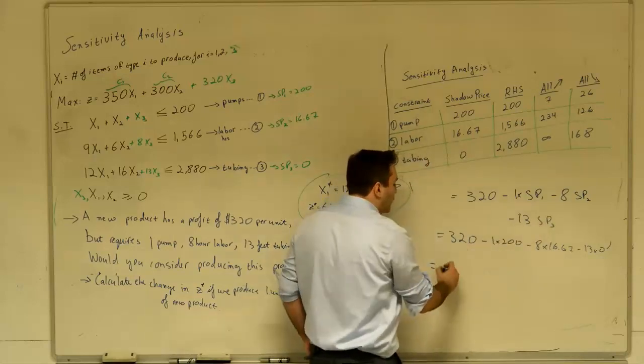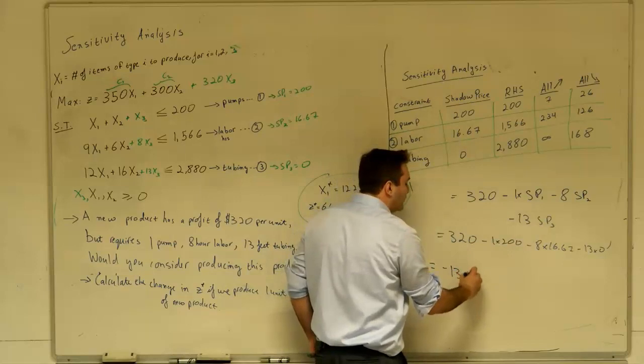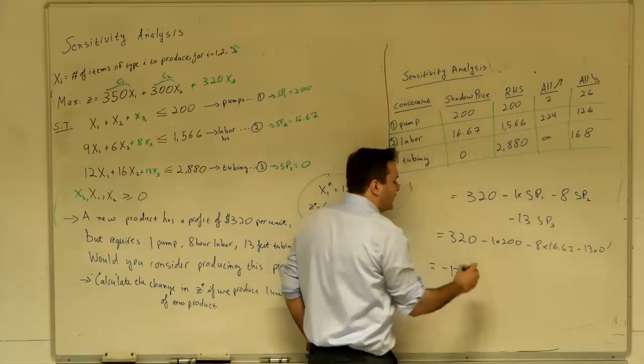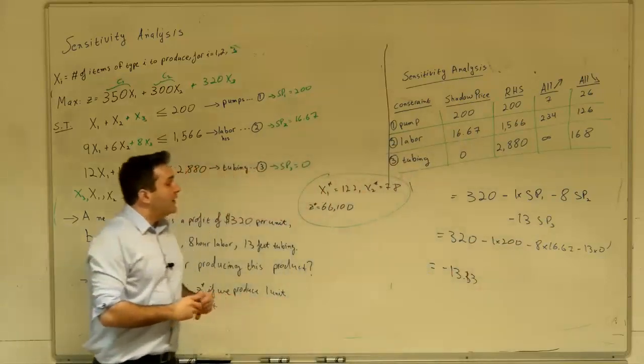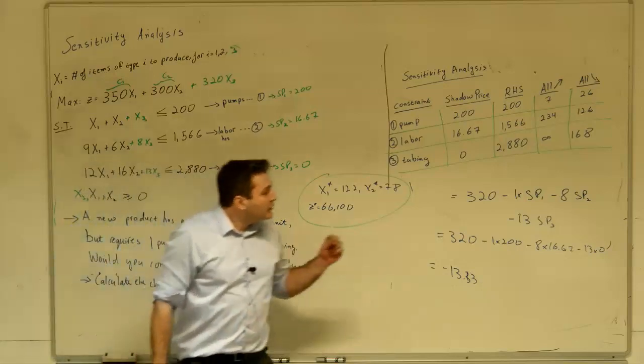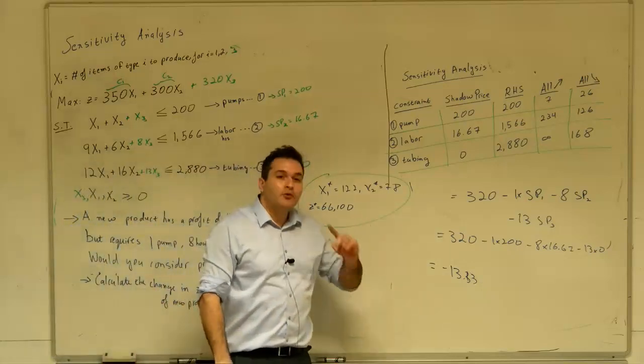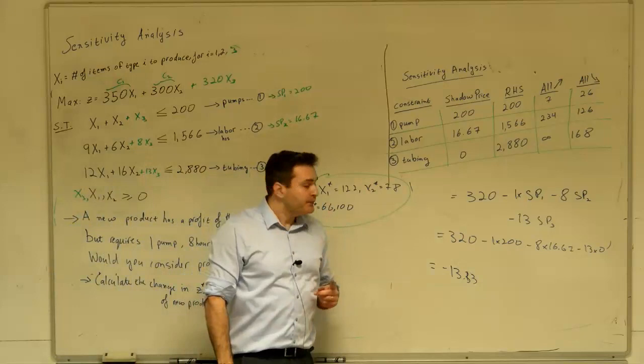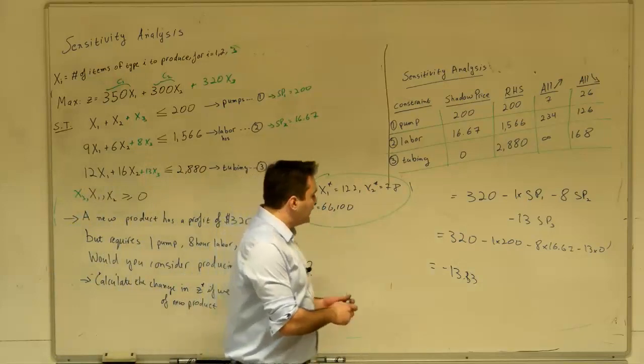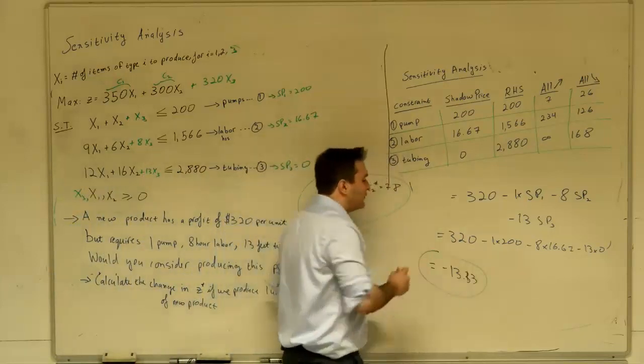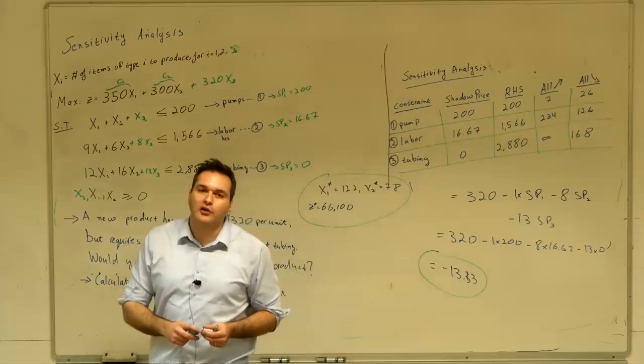And I will end up with a negative value of minus 13.33. So what this means is that forcing the system to produce 1 unit of product 3 is going to result in a decrease of $13.33.